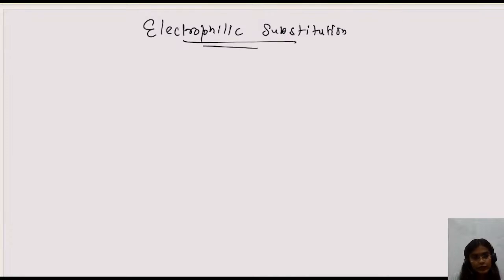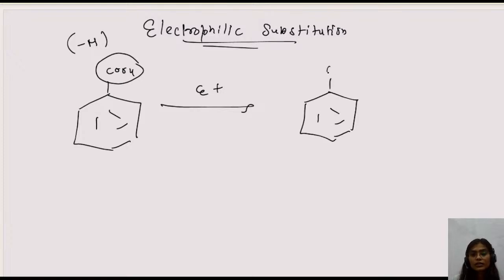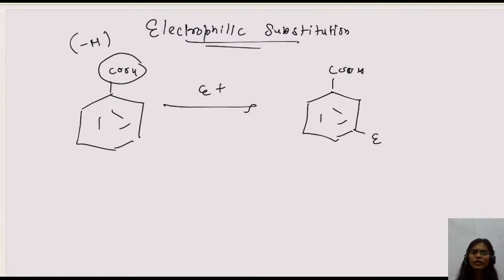If there is a COOH group, and I'm using an electrophile, then what is happening? It is a meta-directing group, a minus M group. So the electrophile is going to connect at only one position, the meta one. This is E. It can be halogenation, bromination, iodination, sulfonation, or nitration as well.